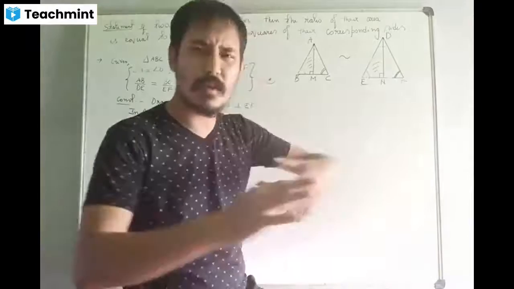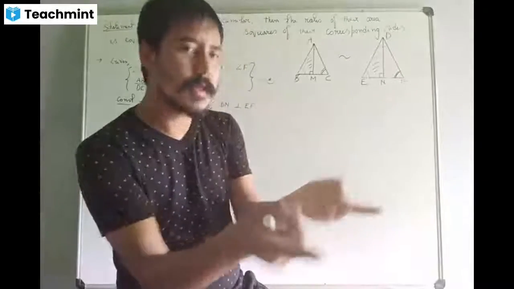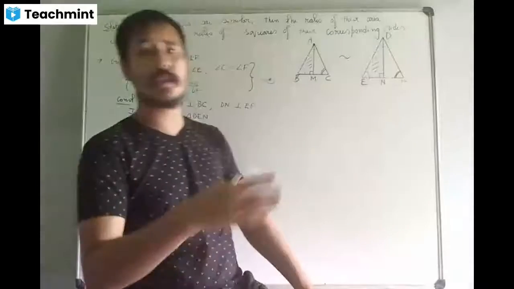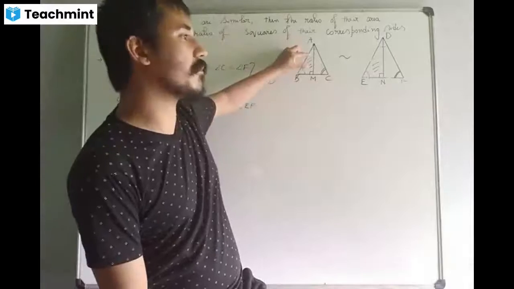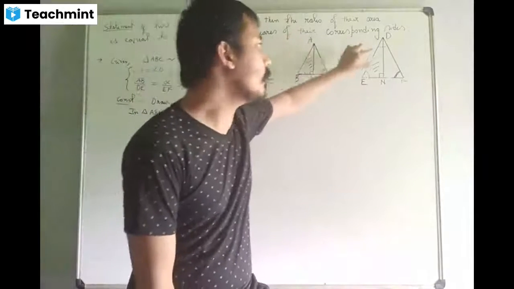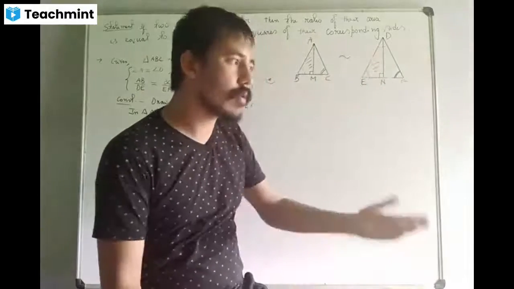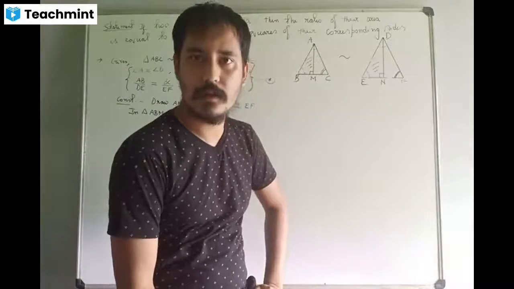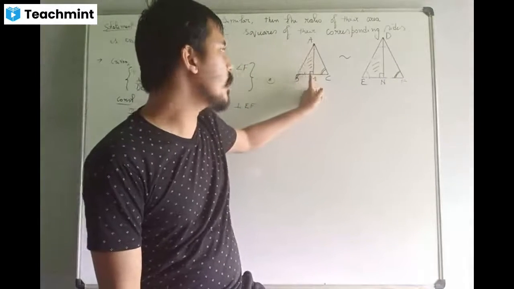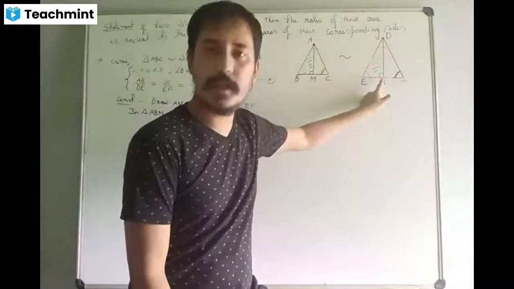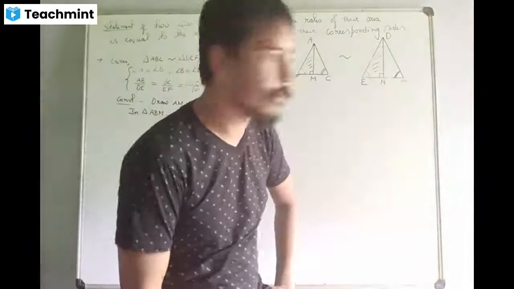No need to show that all the angles are equal. So I'm going to compare triangle ABM and triangle DEN, and check their similarity.